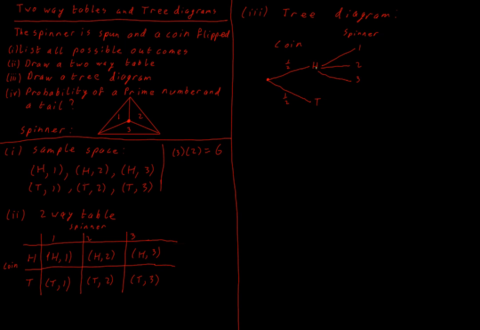I could have gotten a head and then a 1, a head and then a 2, a head and then a 3. Or I could have gone the other way. I could have gotten a tail, and then when I spin my spinner, I could have gotten a 1, a 2, or a 3. And the probability of each of these would be a third.